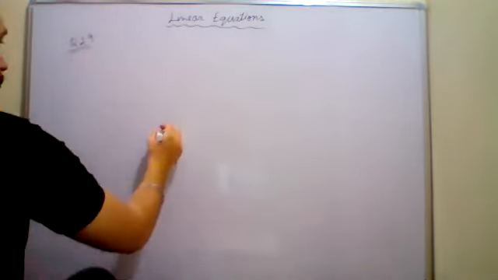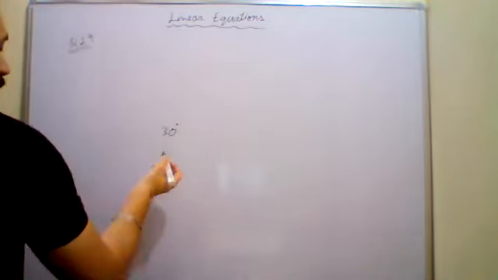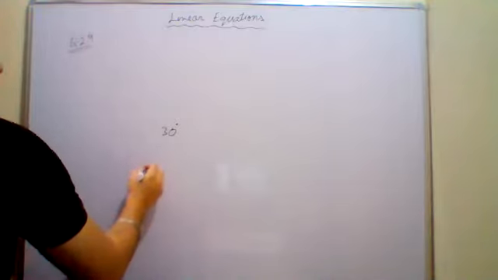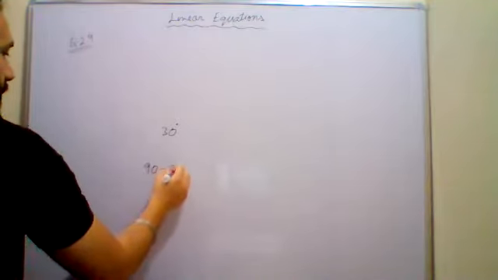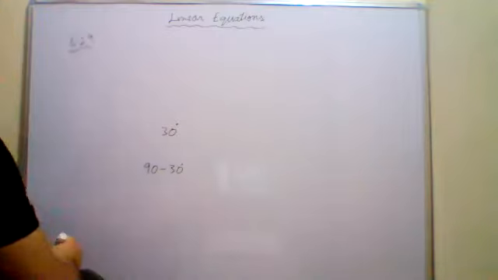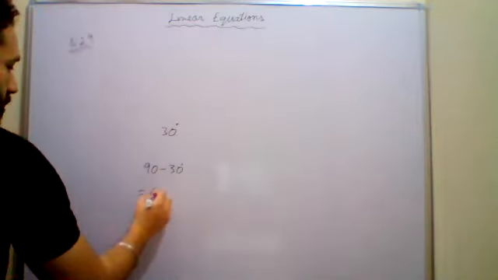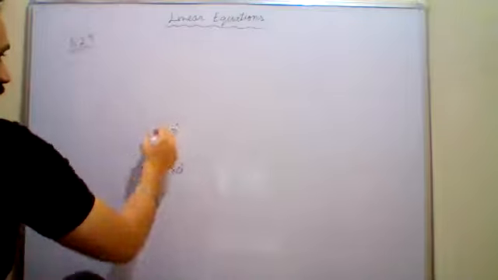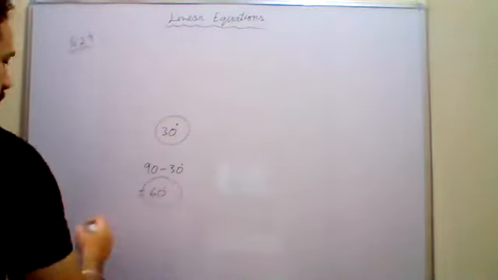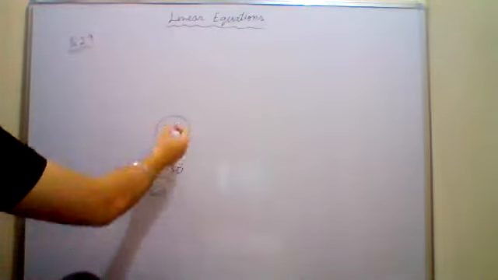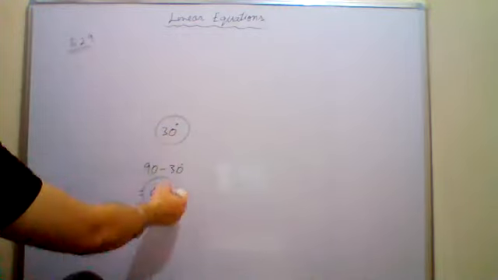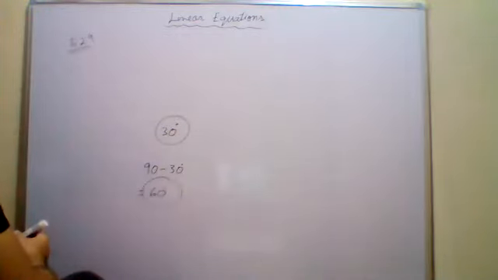If the first one is 30, how will you find the second one? You will subtract 30 from 90. This is how you will find the second one. It will be 60 degrees. Now this is your first one, this is your second one. You can check the sum of these two angles is 90.